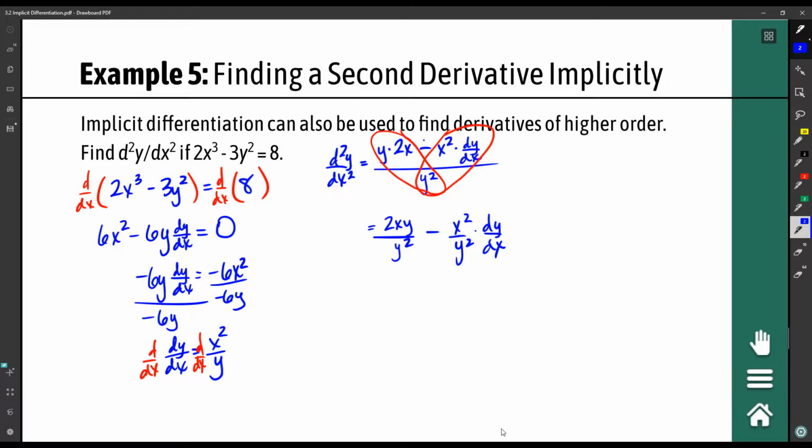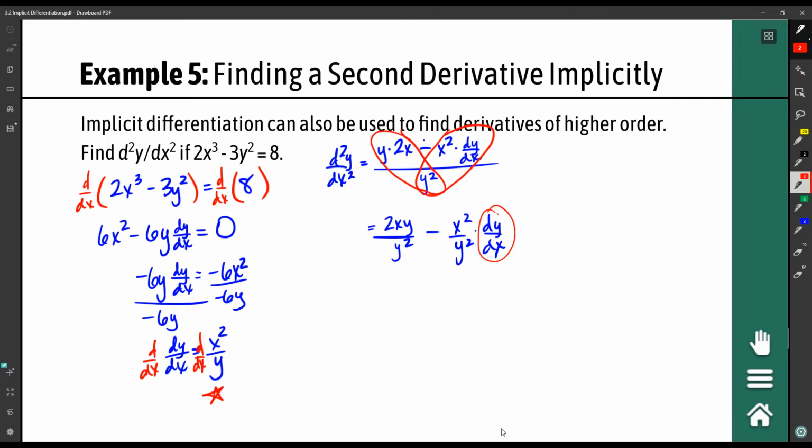This could be an okay answer, except for the fact that we don't want to give the second derivative result with a notation for a first derivative there when we already know what the first derivative is. Reminder, it's x squared over y.